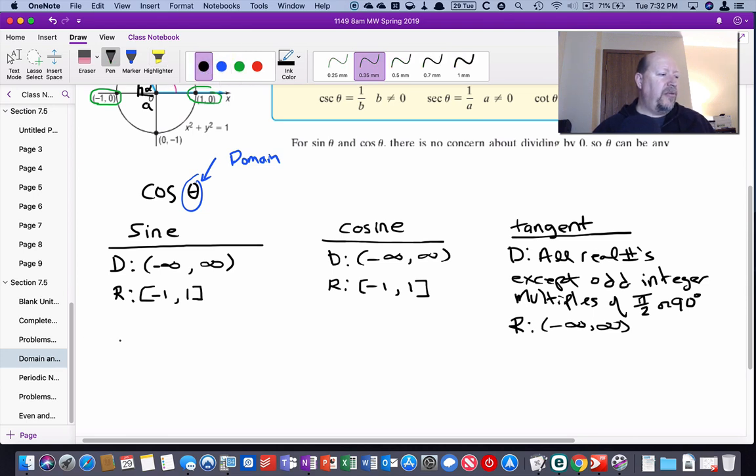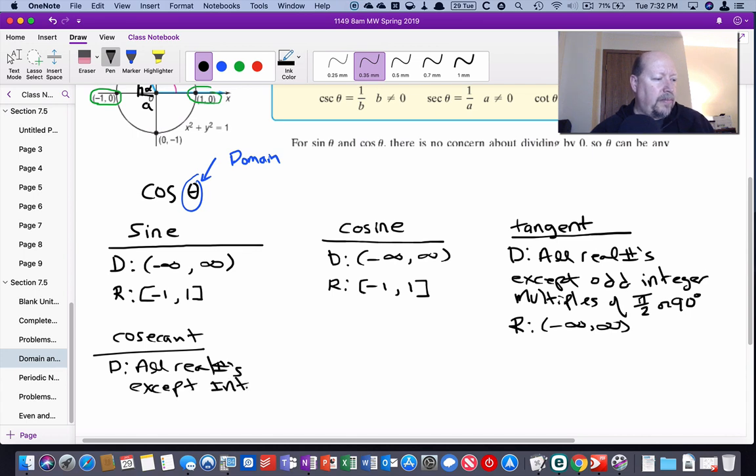So let's go ahead and say here we've got cosecant, and the domain is all real numbers except integer multiples of pi or 180.